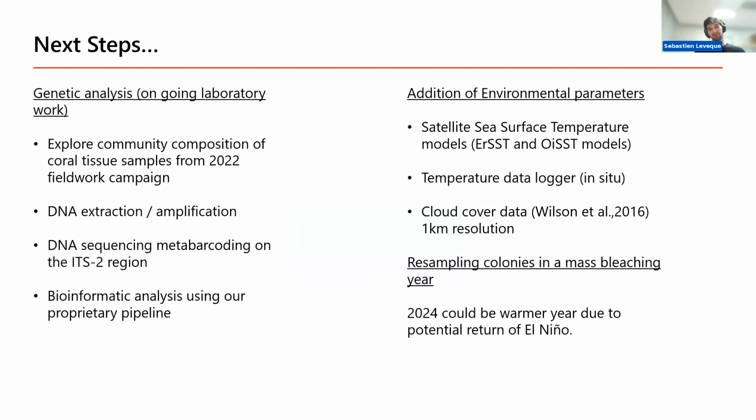And as I said, coral reefs are quite complex models, so we also want to add much more temperature aspect, using the loggers that we installed, but also compare it with satellite sea surface temperature and also cloud cover that might affect the sunlight exposure. We also aim to resample the colonies that we sampled in 2022 next year, as 2024 could be a warmer year due to the potential return of the El Niño phenomenon.